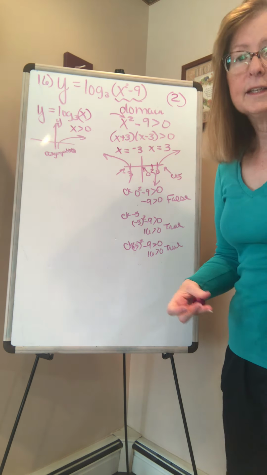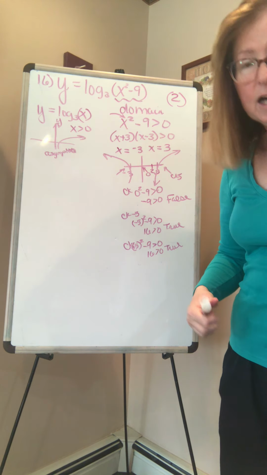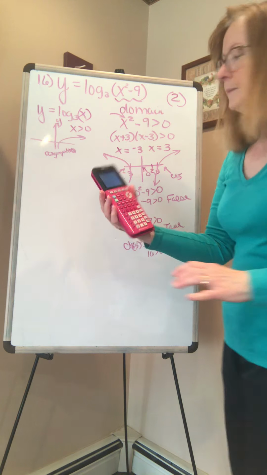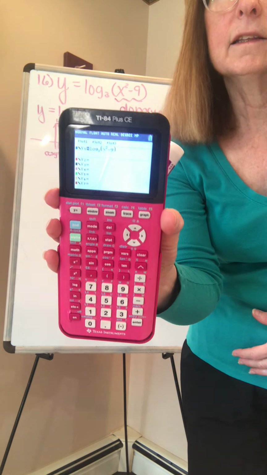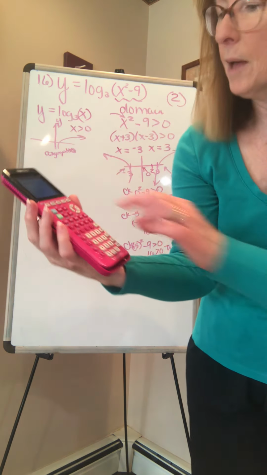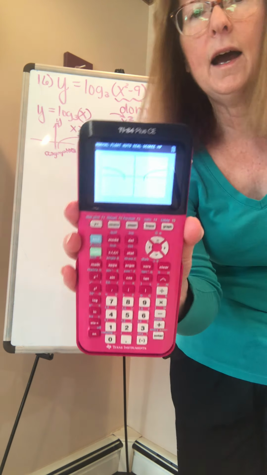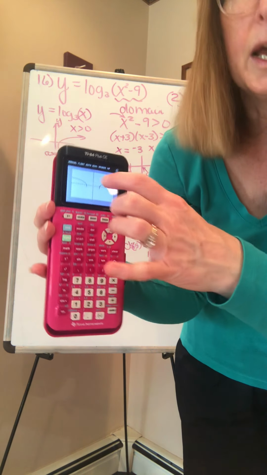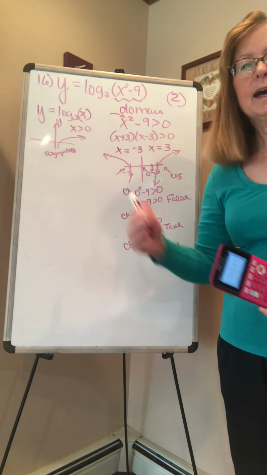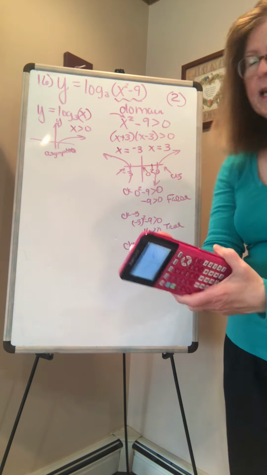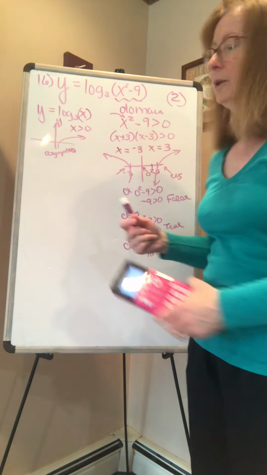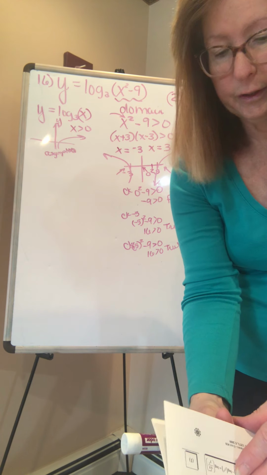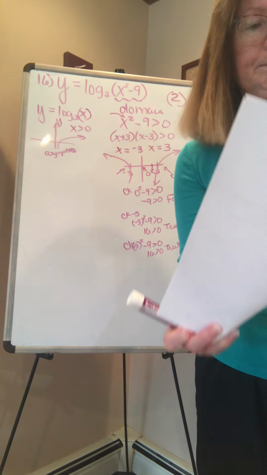Now, granted, if I were you and I had a graphing calculator, I would have absolutely gone to y equals, and I would have used the math A log base, and typed in the problem. And then I would have hit graph, and I would have said, oh, look, 2 isn't in the domain because here's 2, just like my handwritten graph. So again, on a test I would use the calculator, but I always do want you to understand why certain things are happening. That's just the way my brain works.